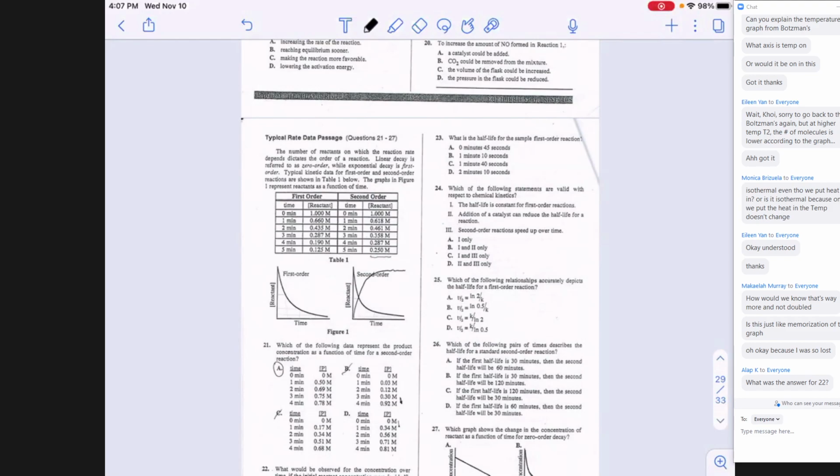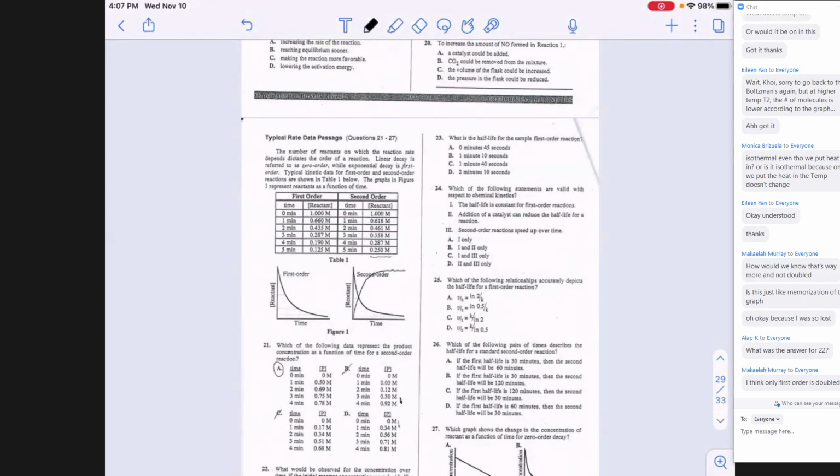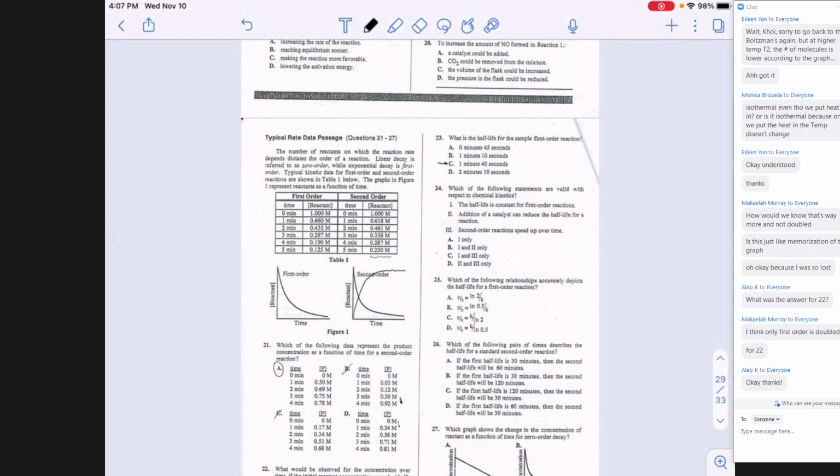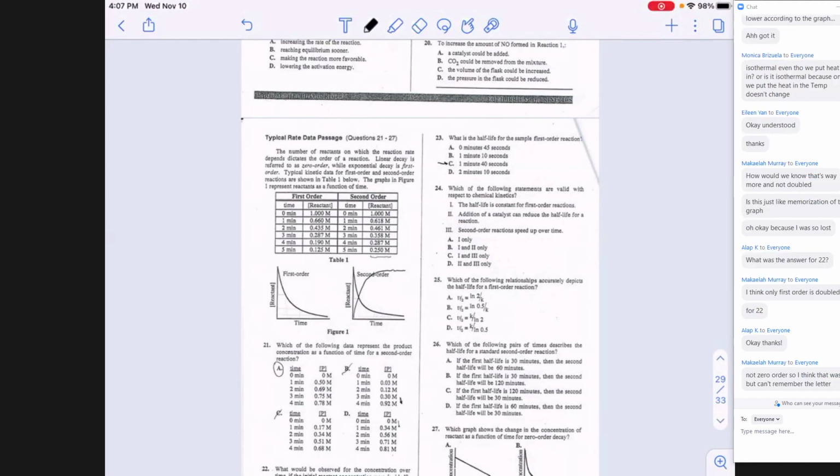So 0.5 molarity is somewhere between 1 and 2, right? And it's closer to 2 than it is to 1. So it almost looks like it's halfway between the two. So the best answer choice there would have been C. Closer to 2, but somewhere halfway between 1 and 2, because half-life would have occurred right here, at 0.5 molarity.